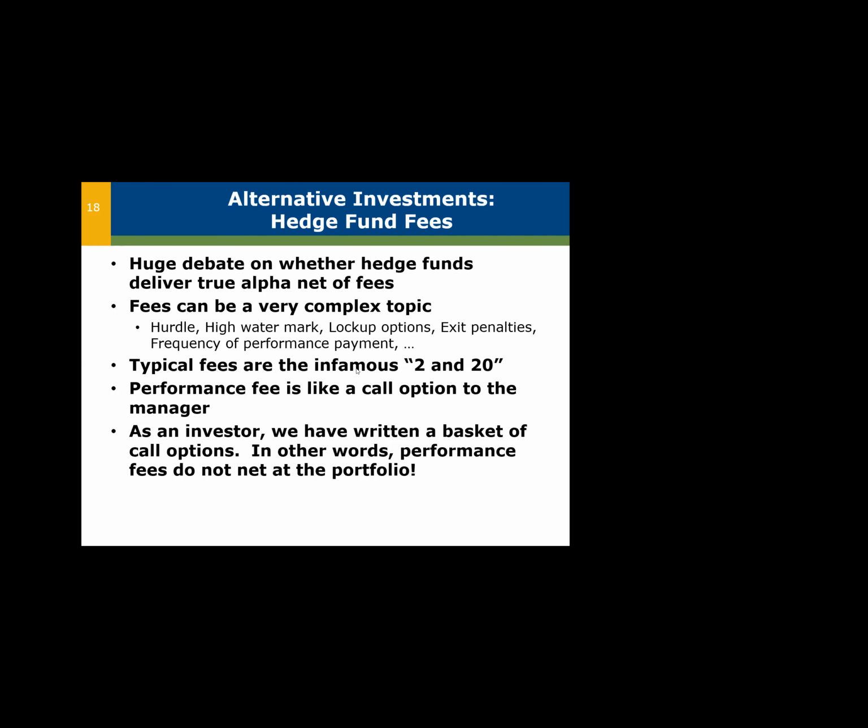In other words, if you allocate $100 to the hedge fund, they will charge you 2%, or $2, for a management fee every single year. Then let's say they returned 12%, so they earned $12.